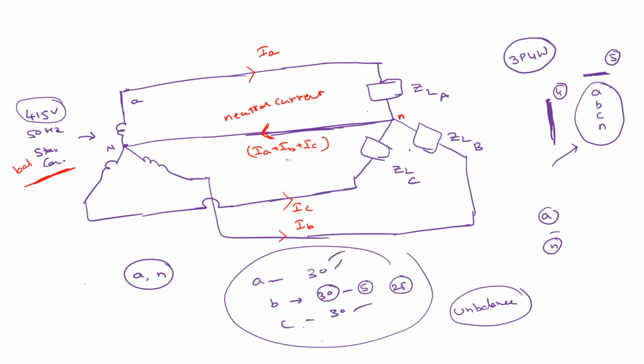This neutral will act as a return path for the single phase loads, right? So when the loads are unbalanced, there will be some finite amount of neutral current.